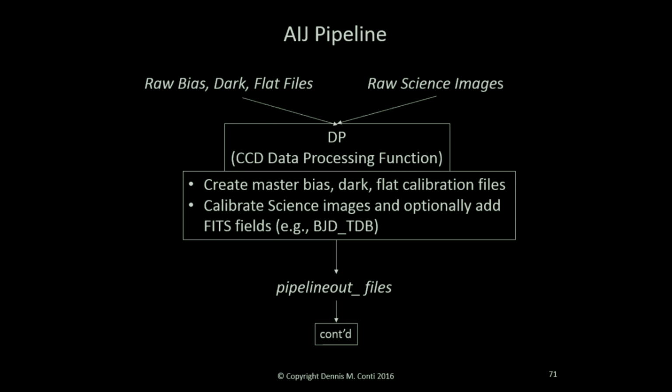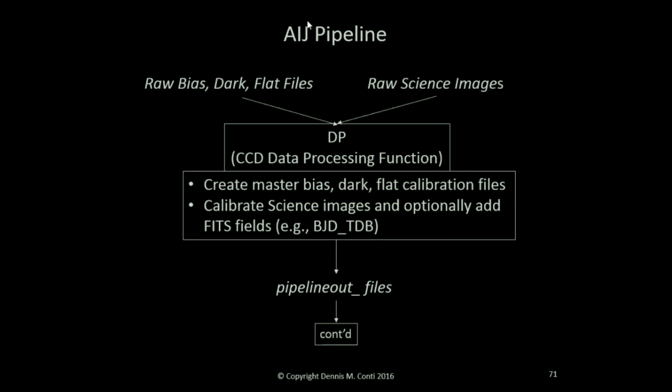So for example, we will be adding BJD TDB as an additional field in the FITS header, as well as checking to see if other FITS headers exist, such as air mass and so on. The output of this part of the pipeline we will call pipeline out files.